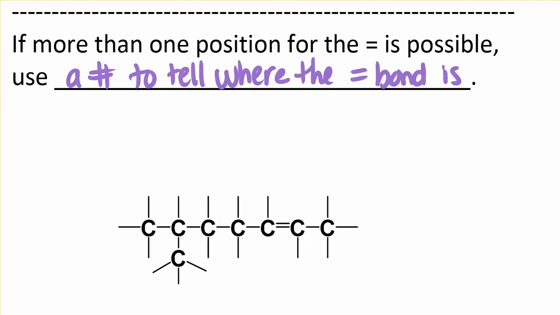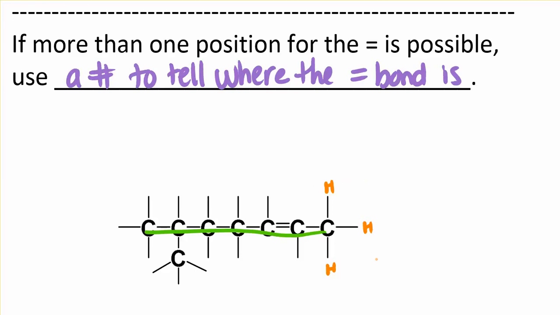So if you're naming an alkene, the first thing you do is you find your longest chain that includes the double bond, like so. On this one, I've drawn the long lines like the lab manual does because I want to show you what to watch for here. Remember that with these long lines, what's really out there on these ends are hydrogens. That's a hydrogen there.